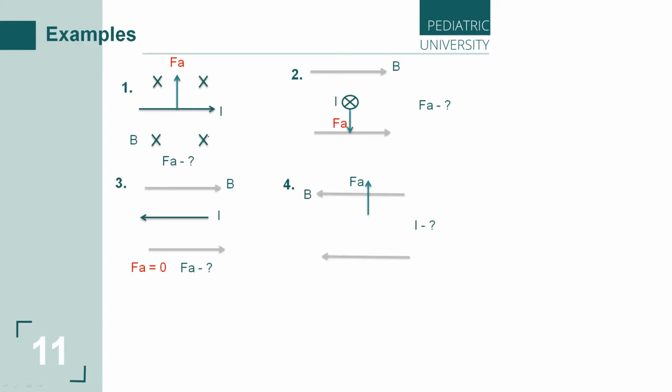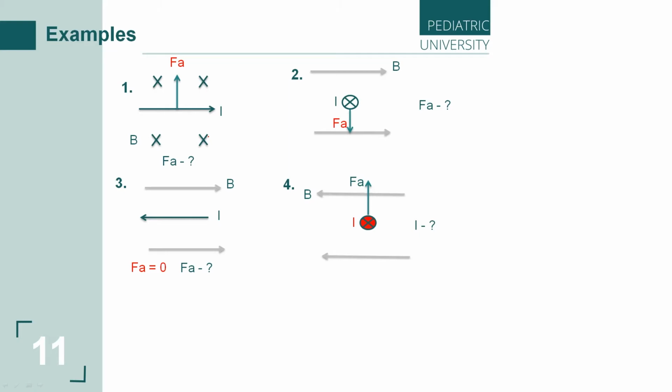Please note that you are asked to determine not the Ampere force but the direction of the electric current. If it's known that the Ampere force is directed upwards and the lines of magnetic induction are directed to the left, then, according to the rule of the left hand, the direction of the electric current will be away from us.